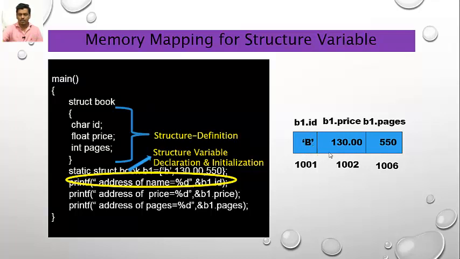Then 1002, 1003, 1004, 1005, because it is a float, so it occupies 4 bytes. Then 1002 plus 4, 1006, is the address of b1.pages. So it allocates continuous memory, independent of the number of elements, it allocates continuous memory locations.